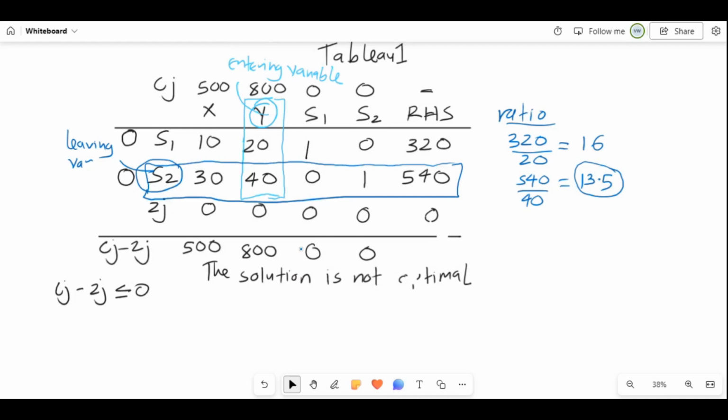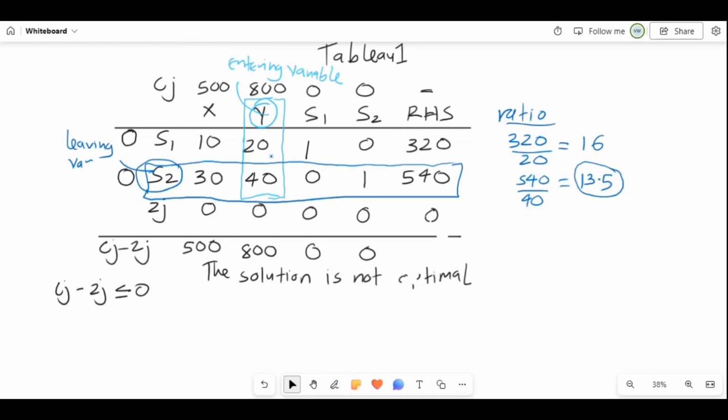And everything else representing the constraint must be 0. So that in this case where we have 40, we need to make this coefficient here to be 1. And within the same column representing the constraint, we have to make it to be 0. So that where there is 40, we have to make this 1. And where there is 20, we have to make it to be 0.